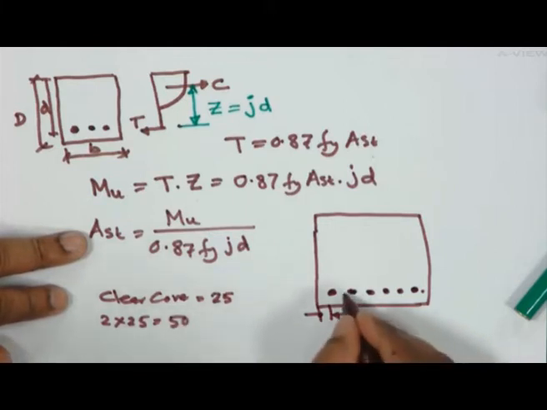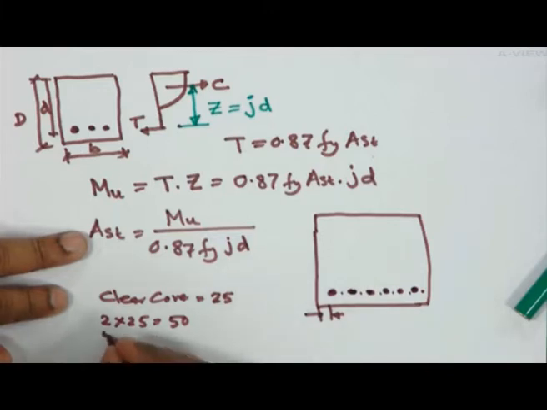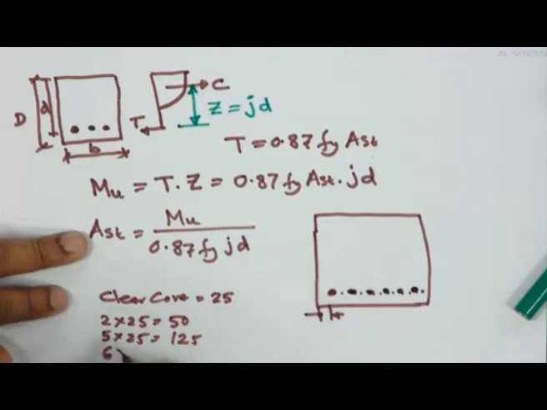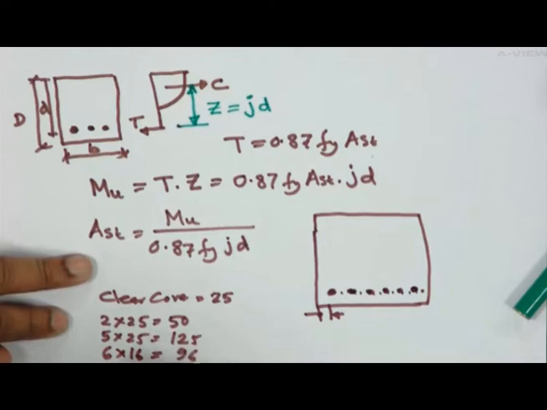Then I am having gaps: 1, 2, 3, 4, 5. So 5 into 25, 125, and I am having 1, 2, 3, 4, 5, 6 bars. 6 into 16, so 96. So how much am I getting here?